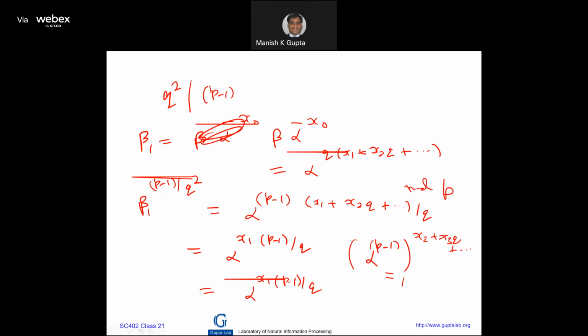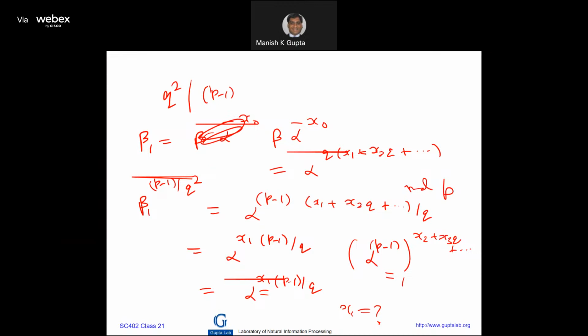Okay. Now again, to find x1, x1 is unknown here. So we try different powers: alpha raised to power k times p minus 1 by q, such that this is equal to the first term. Once we find k, we know the value of x1.